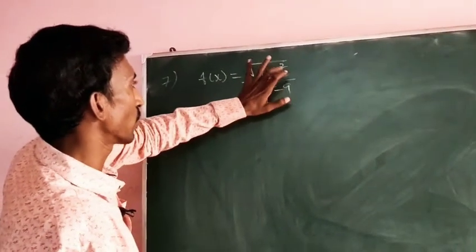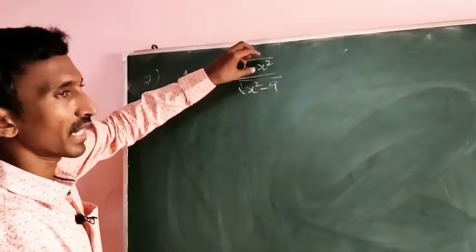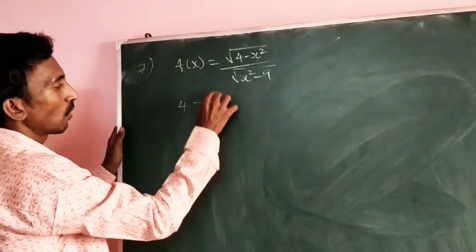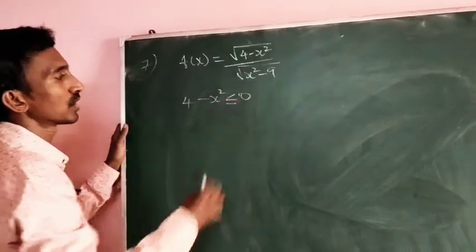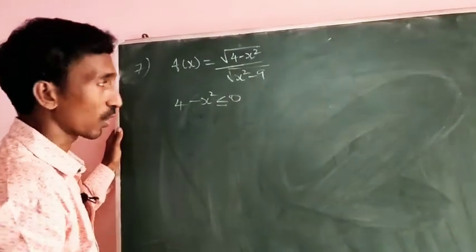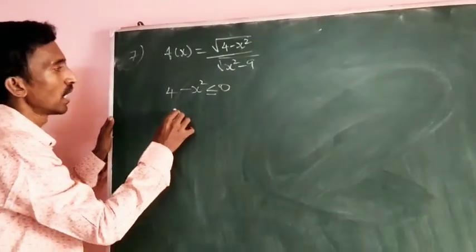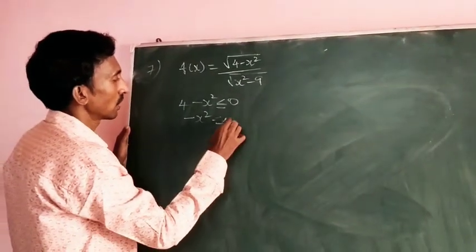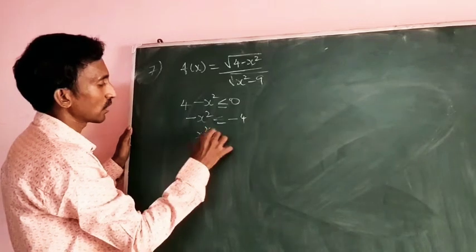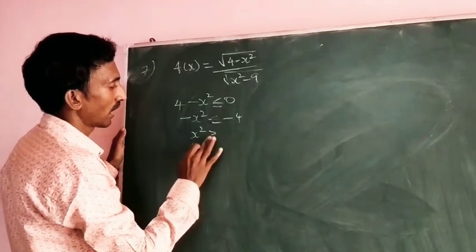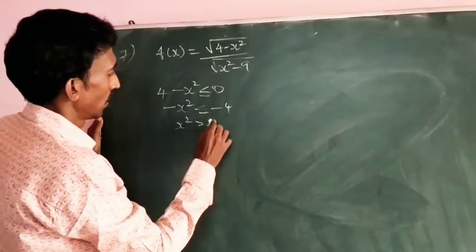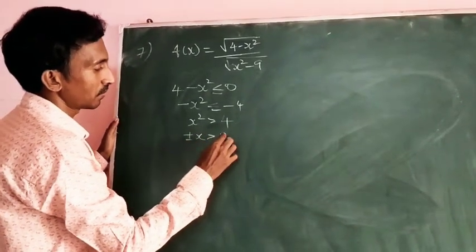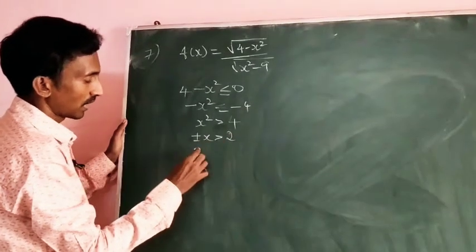So how can we observe that? To get the correct values, suppose 4 minus x square is less than or equal to 0, negative, what will happen? We are going in a reverse way. So minus x square less than or equal to minus 4. x square greater than 4. So plus or minus x greater than 2.